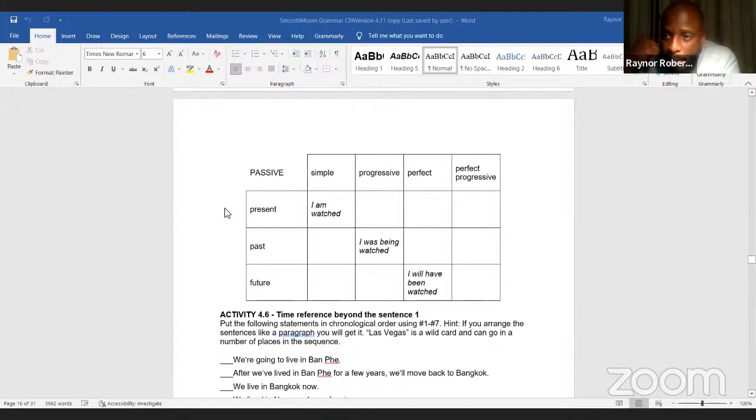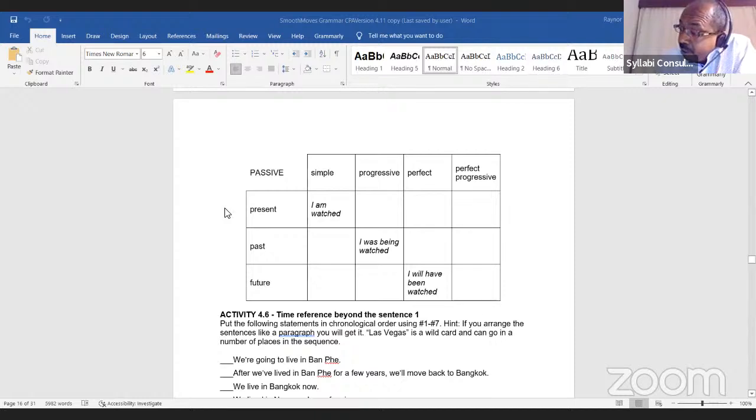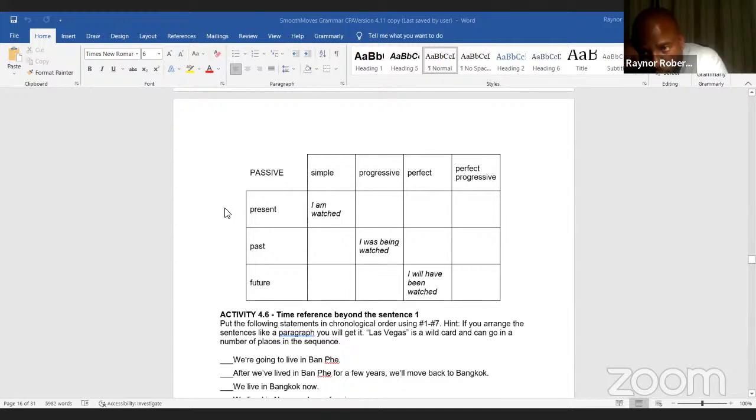Remember, the future hasn't happened, right? So what word would show us the future here? And the state of the future.